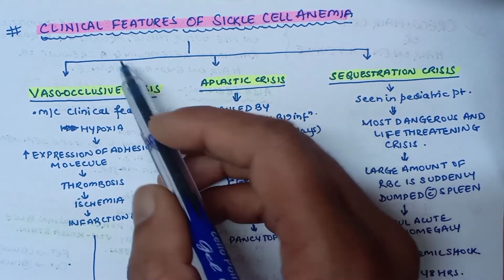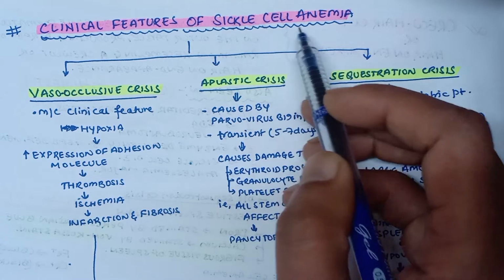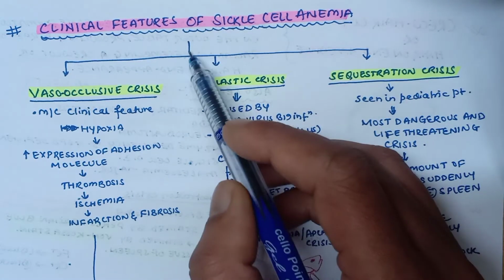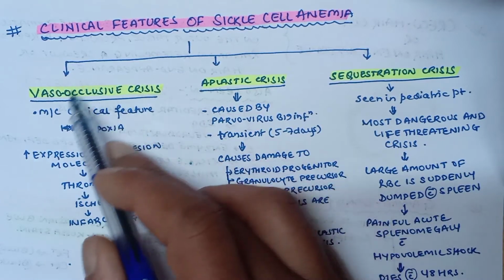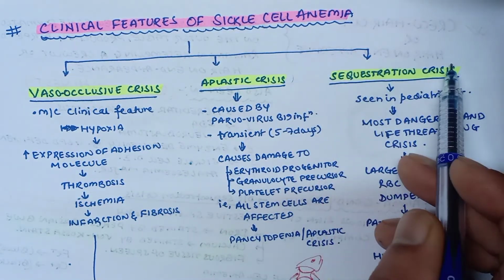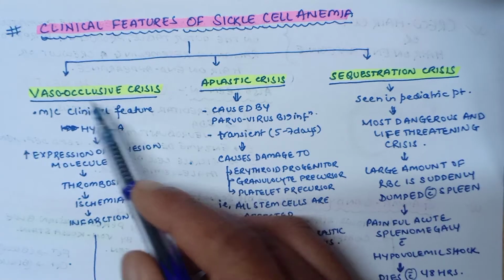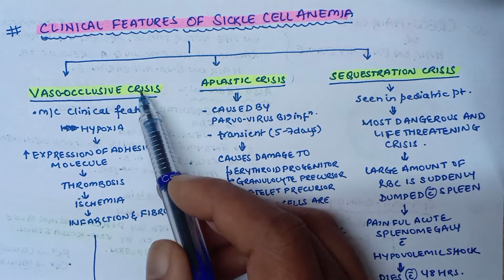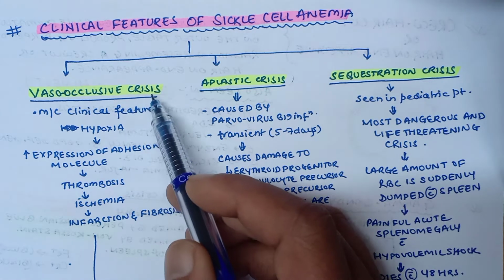Now, what are the clinical features of sickle cell anemia? The clinical features of sickle cell anemia include vaso-occlusive disease, aplastic crisis, and sequestration crisis. Among these, vaso-occlusive crisis is the most common clinical feature.